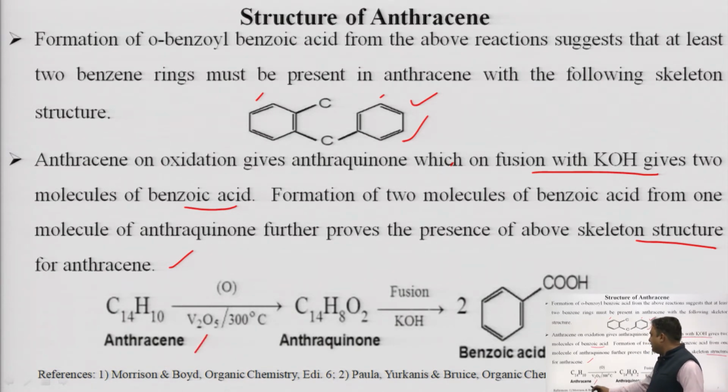In this reaction, anthracene undergoes oxidation in the presence of V2O5 at very high temperature and gives anthraquinone, which on fusion with KOH gives 2 molecules of benzoic acid. It means 2 benzene rings are certain in the structure of anthracene. It is confirmed now.